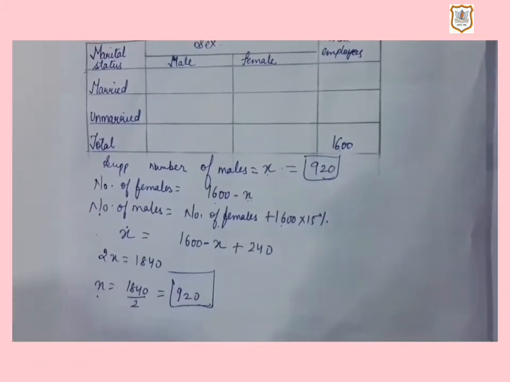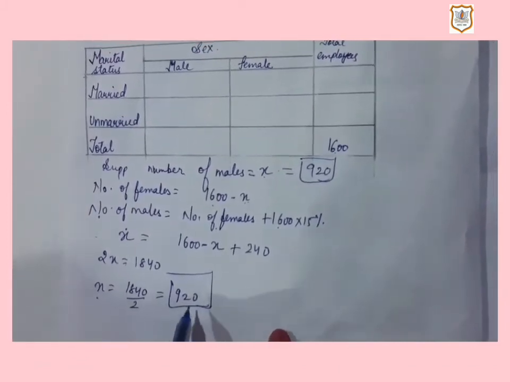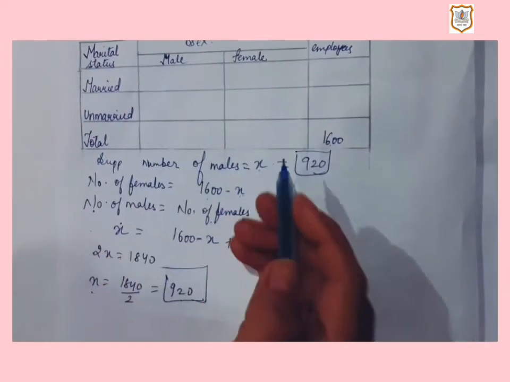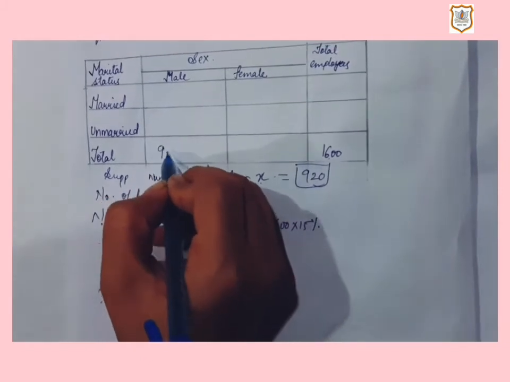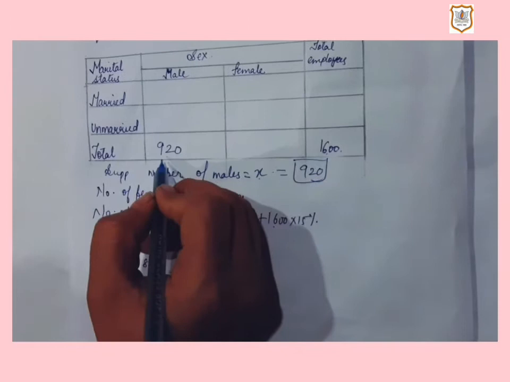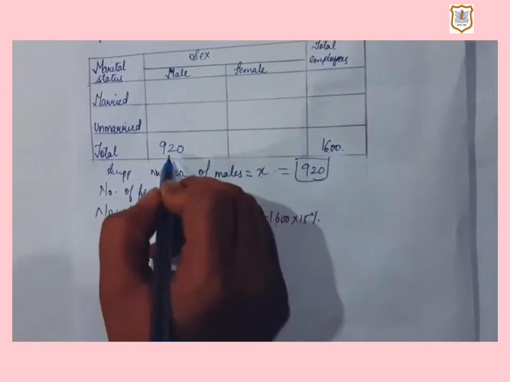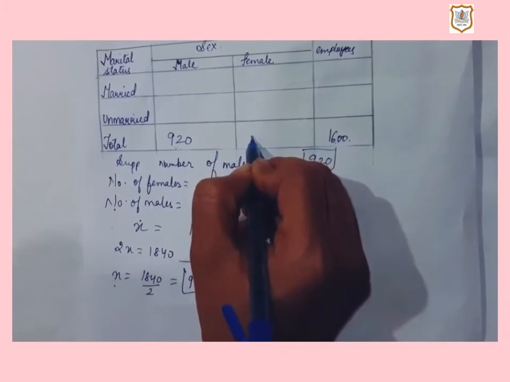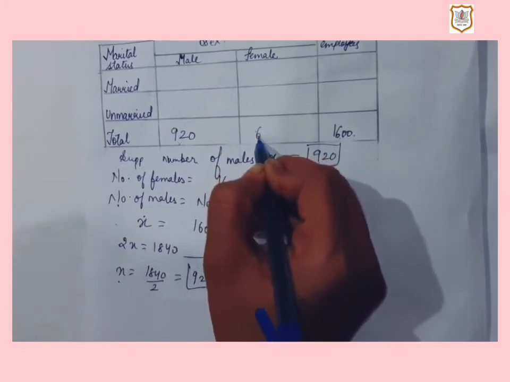Now I'll write down the number of males in the total column. As this is the male column and this is the total column, here I'll write the total number of males, that is 920. Now we know the total employees and the total males, so 1600 minus 920 will give you the number of females. So 1600 minus 920 is 680.